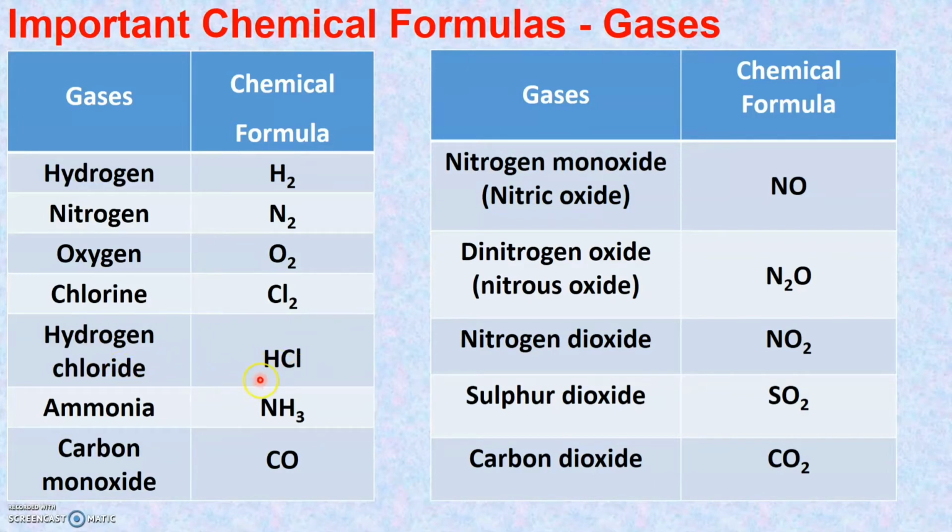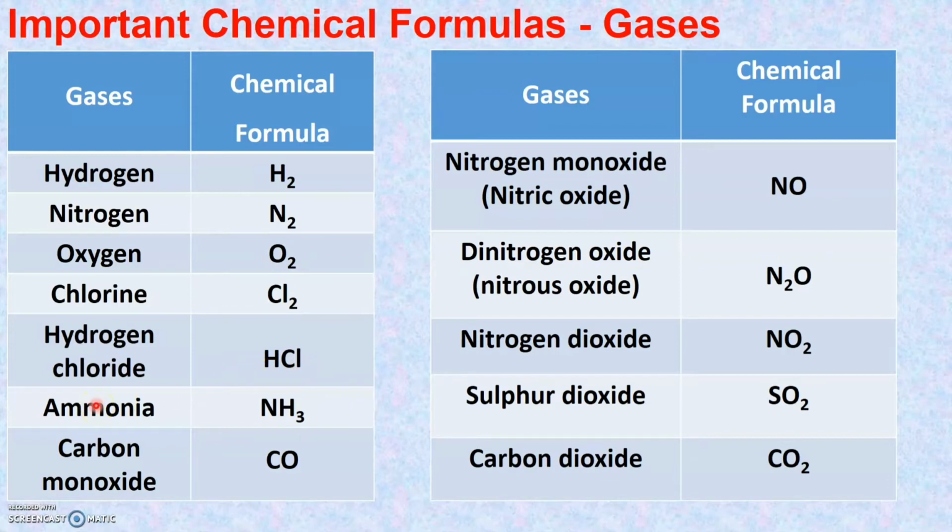So what is the atomicity? As I have told you, atomicity is the total number of atoms that are present in a molecule of an element or otherwise a compound. So here for hydrogen chloride gas, the total number of atoms that are present in a molecule of hydrogen chloride is 2 because 1 atom of hydrogen and 1 atom of chlorine.